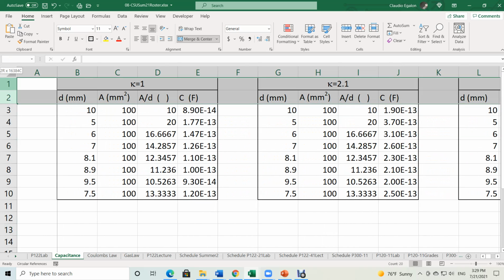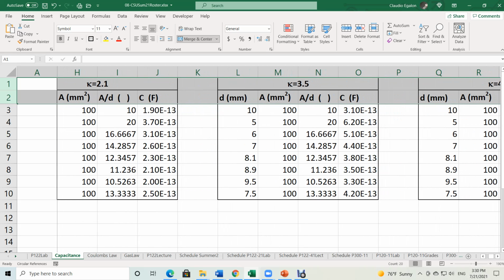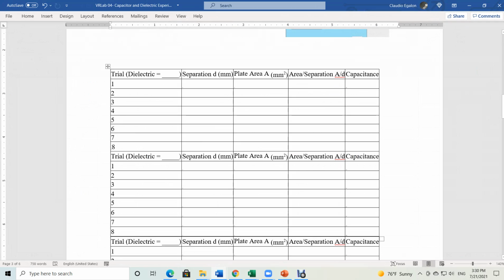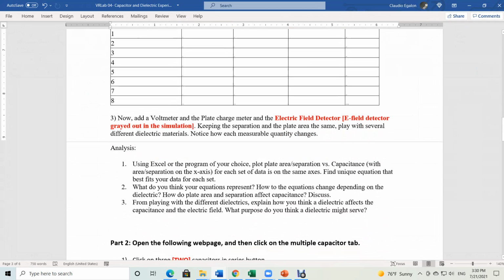We are going to put everything bold-faced here so it looks nicer. And let's go here to our notes, handouts.